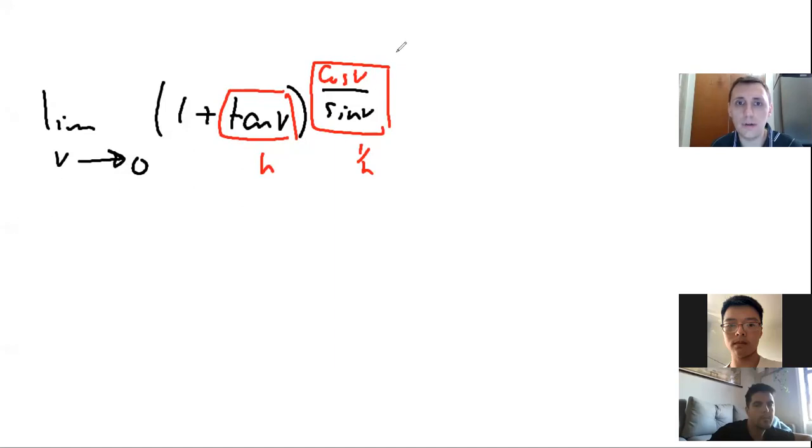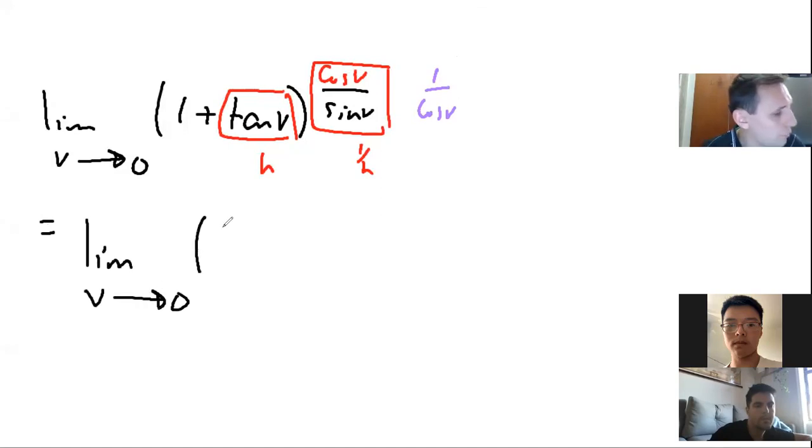And so to compensate, if I multiply by cosine, I also have to divide by cosine v, right? So what happens now is I'm seeing limit where v goes to 0 of (1 plus tangent v) to the power of 1 over tangent v.